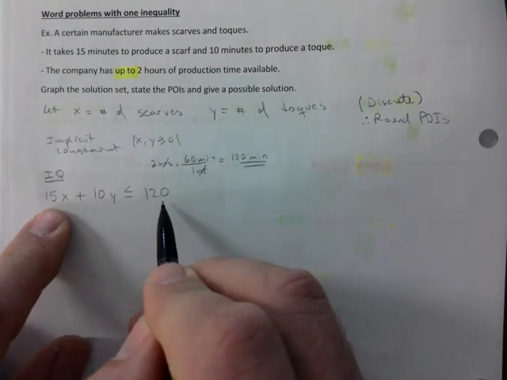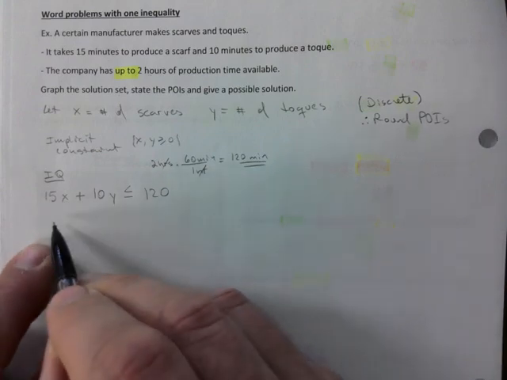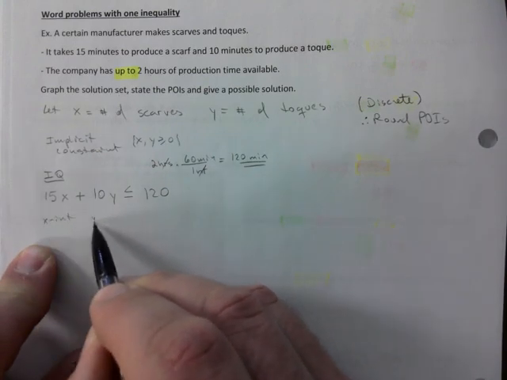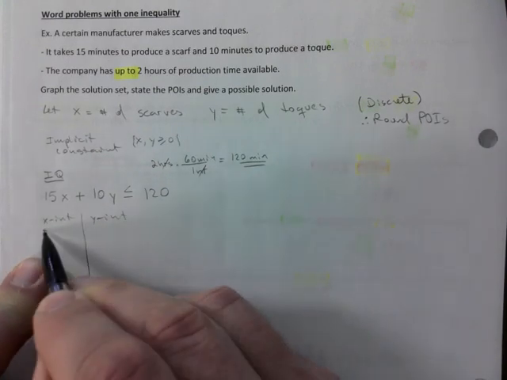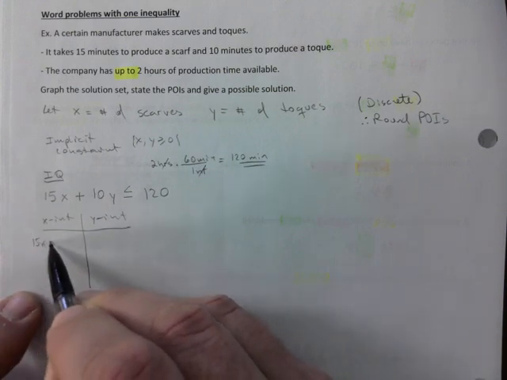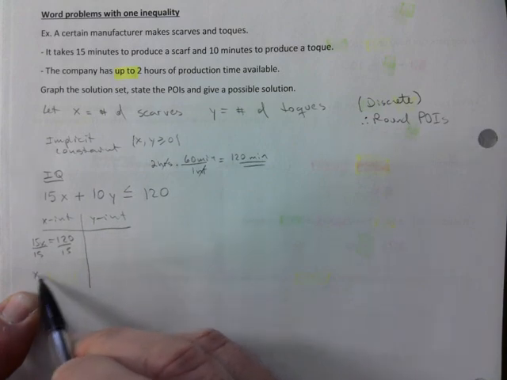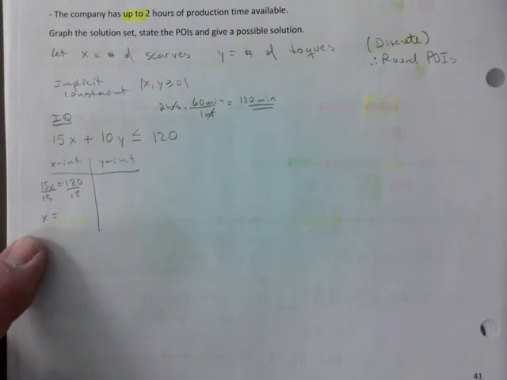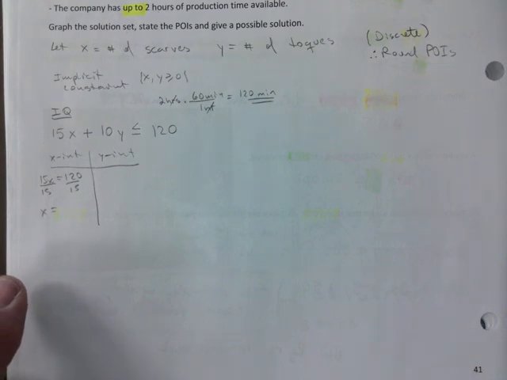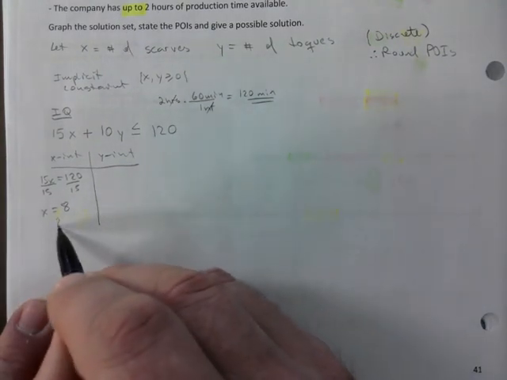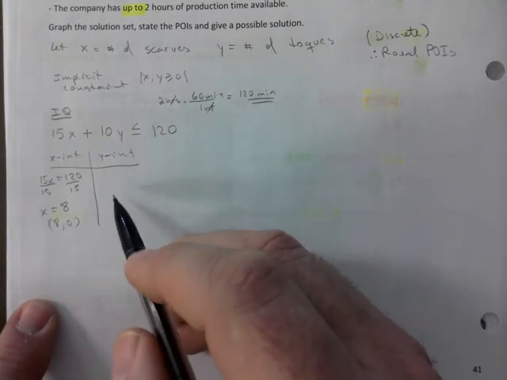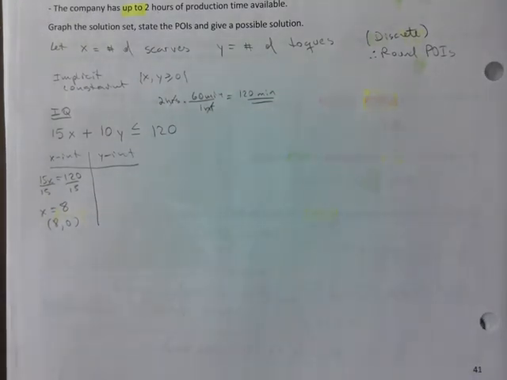So once you have your inequality, it goes back to what you did at the very beginning. You find your intercepts. Let's go ahead and do that. 15x is equal to 120. So we just for a minute worry about the boundary line. And that is 8. The intercepts, ladies, it may be a POI down the road, but for now we're just going to use it to graph.